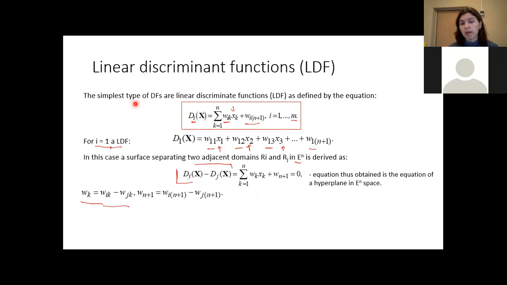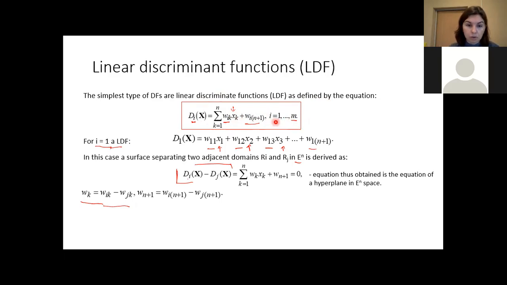The simplest type is linear discriminant functions. They may be defined by the equation here. This is the sum of the products between coefficients, the weight vector, and our features, plus some additional free coefficient without any feature. It's like kx plus b in linear regression, b without any feature.